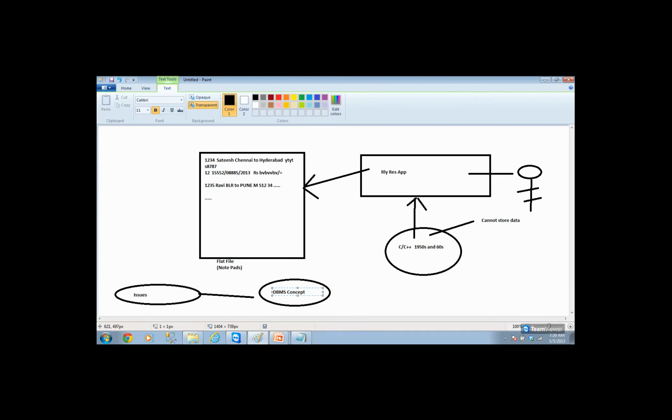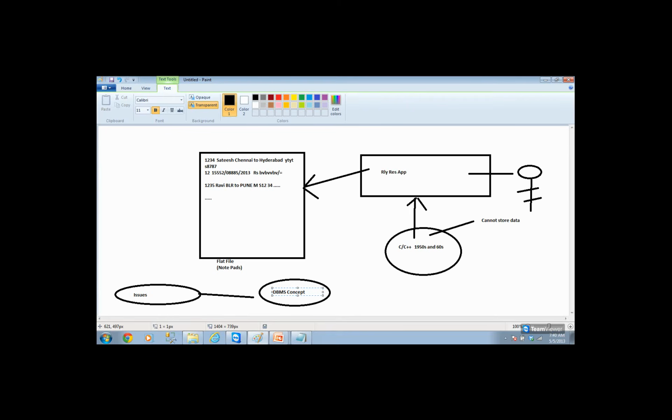So database management means, if I have huge data and I store the data in a database, base means bank, means storage, how do I manage it? Is there any system for it? That system is known as a database management system. Initially they had this theory paper which came out of the issues. So the DBMS concept is a theory which is completely minutes of meeting.